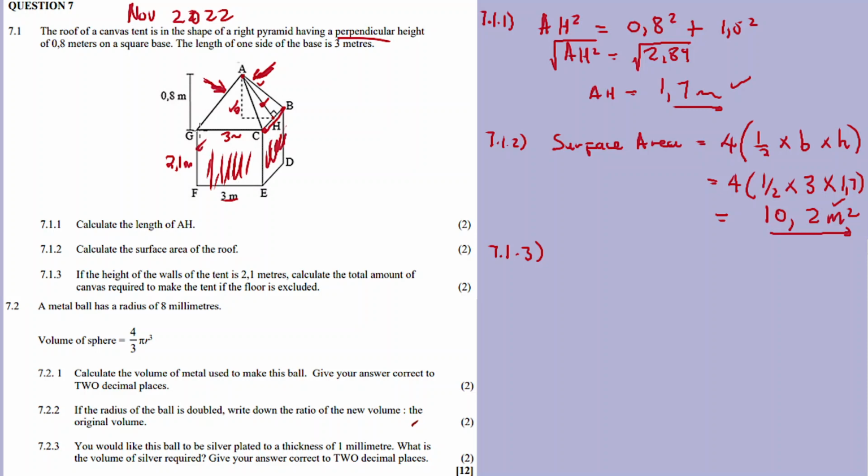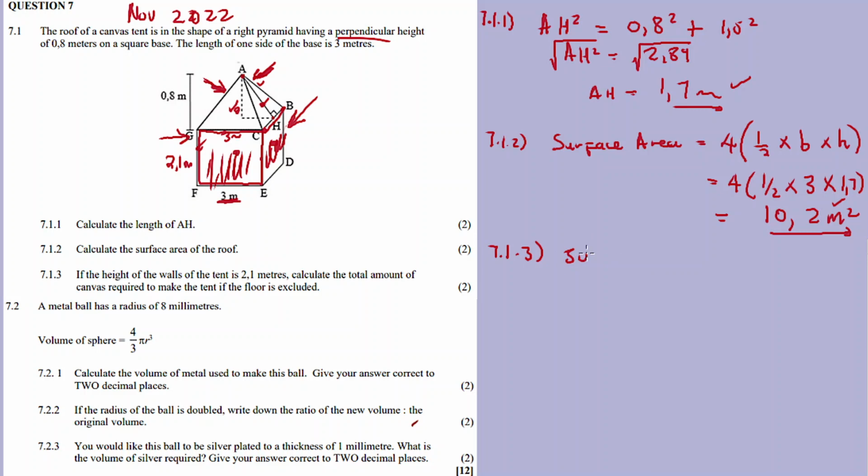So again, we take the area for one side, which is a rectangle. The floor is excluded. So we have 4 faces again, but this time each is a rectangle, 3 times 2.1.